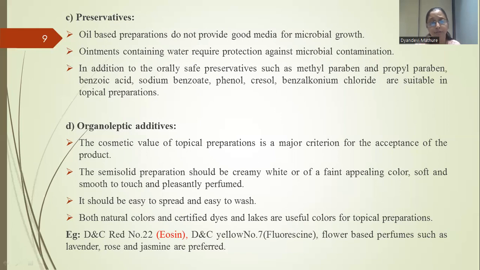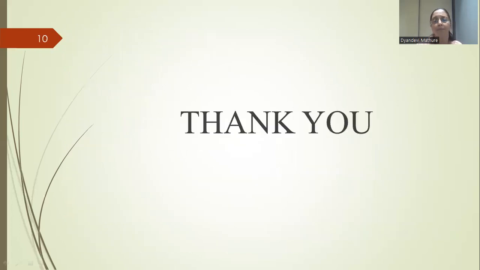Then after buffer, we need to add antioxidant to prevent the oxidation of your product in the presence of oxygen. Then preservative, as water is the vehicle most of the time we are using, so preservatives are required. Then organoleptic additives, to improve the acceptance of your product in the market, we need to add some organoleptic additives. Understood? Thank you.